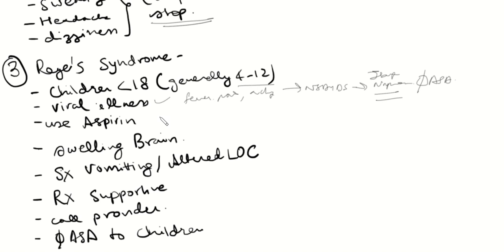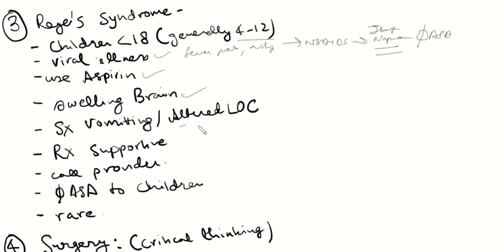Why is that? Because if we use aspirin, we've seen very rarely that in some children you may have swelling in the brain. So when you have swelling in the brain, you may have altered level of consciousness and vomiting. Again, it's one of those rare side effects that happen with a very small number of children. Again, the care is what? Supportive. We don't know, so we just support them while they're going through this.